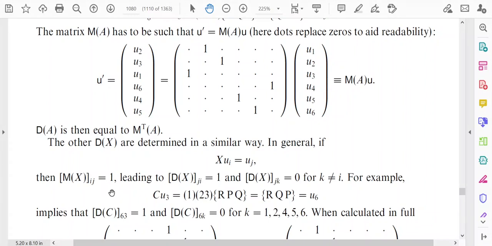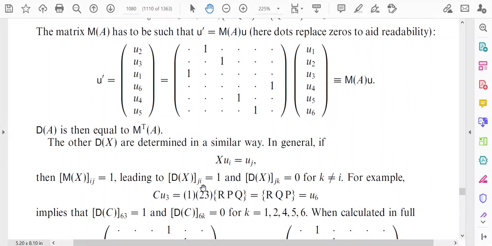Because we are taking the transpose. This is the main matrix Mx. We are writing Ij, and for some values of Ij, the elements are 1 here. But when we transpose that, we write dx Ji is equal to 1. That is, after transposing some elements will be 1 and all other elements will be 0. That is, dx jk is equal to 0 where k is not equal to i.